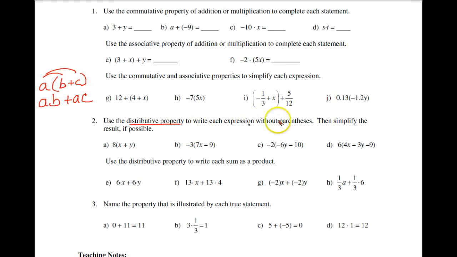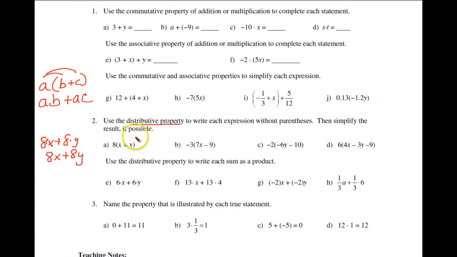Okay, write the expression without parentheses, then simplify the results. Well, what they're asking you to do here is go 8 times x plus 8 times y. And simplifying that is just going to be 8x plus 8y.